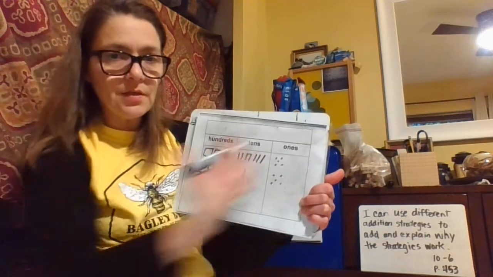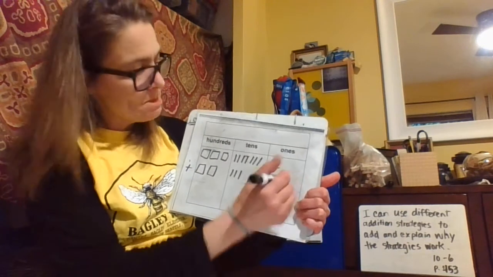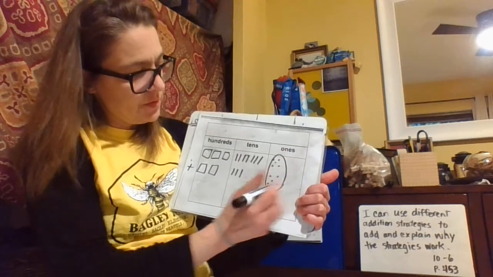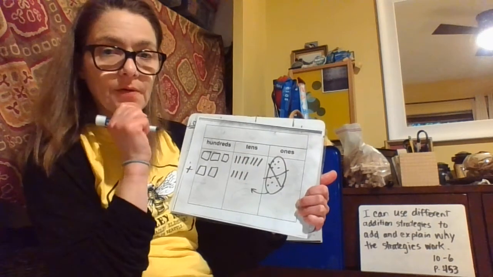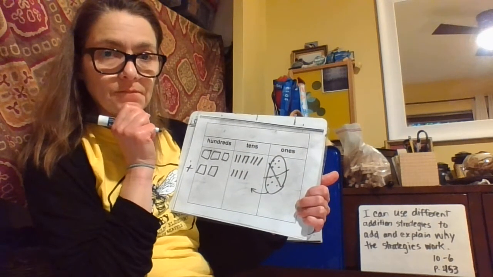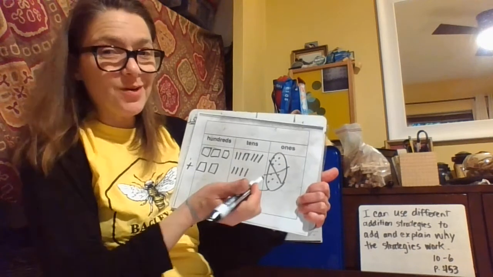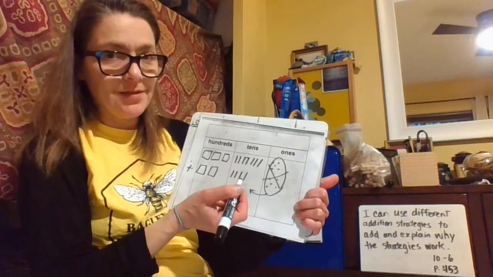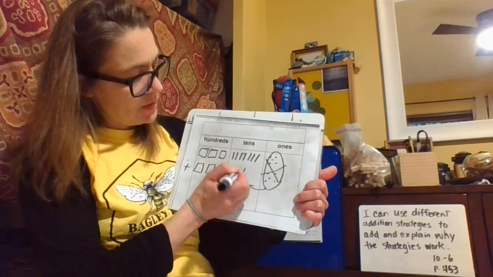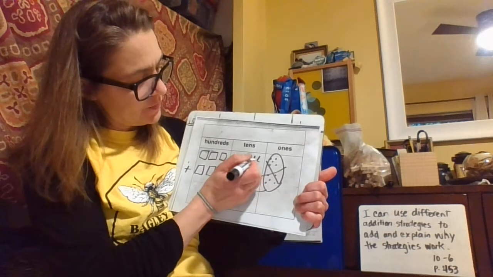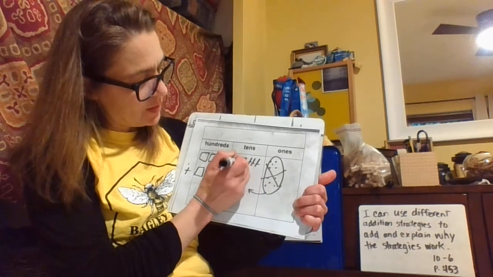So this is a good visual for regrouping because we know we have a bundle here, so we're going to move that over here and put another 10 here and cross this off. Okay, and then we're going to count our tens because there's more than 10 here, and then we can do another regrouping. So let's count 10, 20, 30, 40, 50, 60, 70, 80, 90, 100.